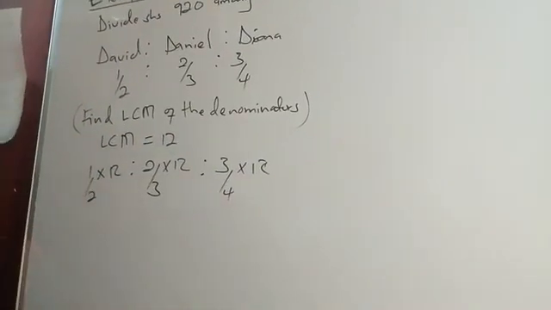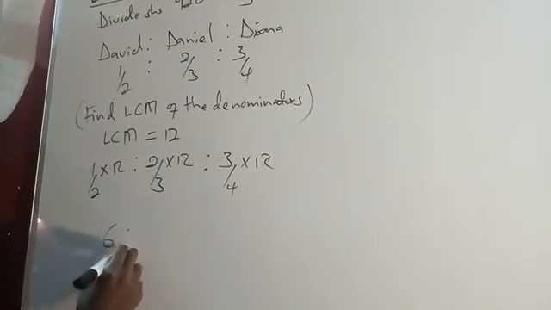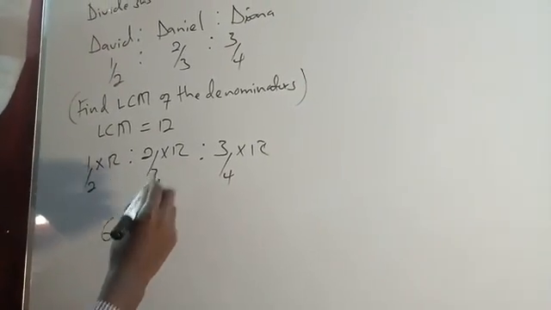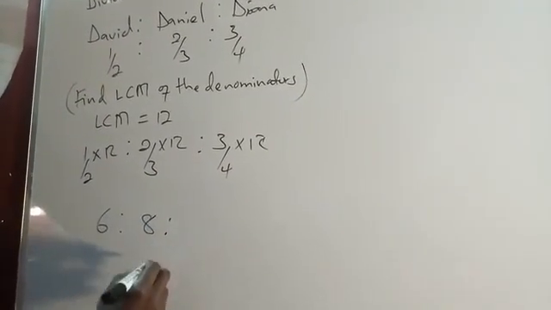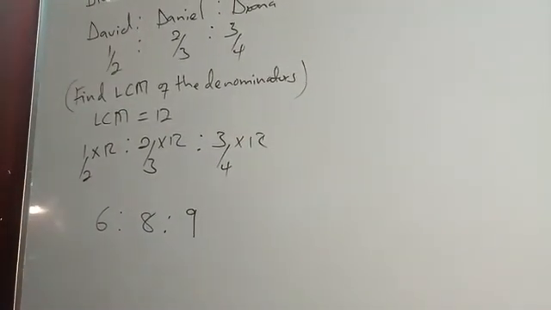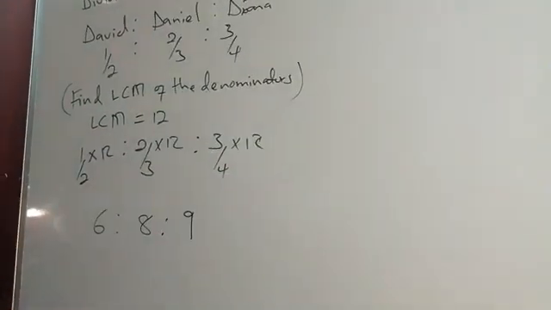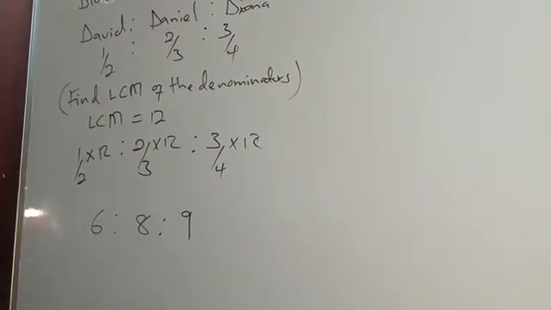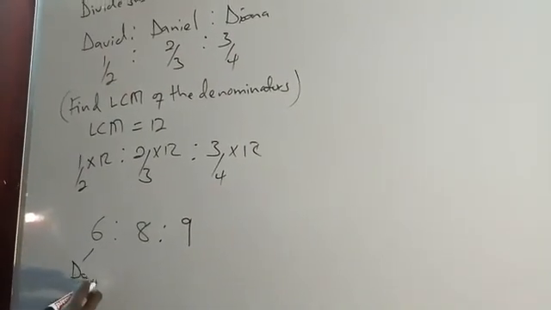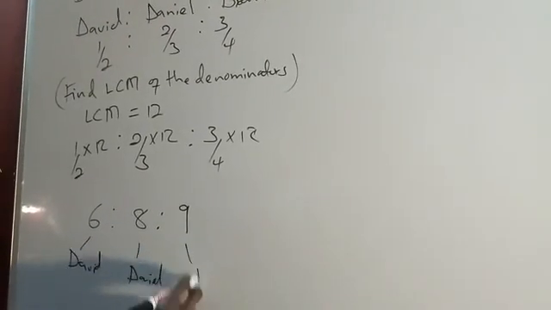So we shall get here 6, here it will be 8, and here it will be 9 as well. It means this is David's ratio, this one for Daniel, and this one is for Diana.